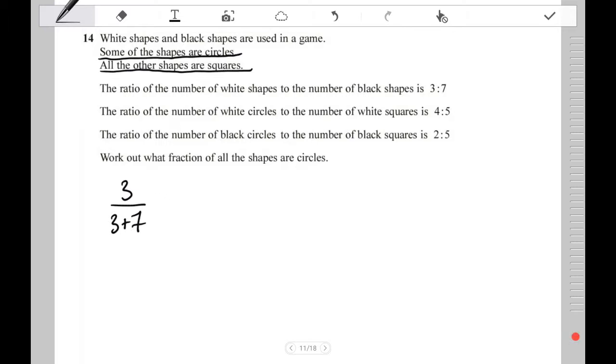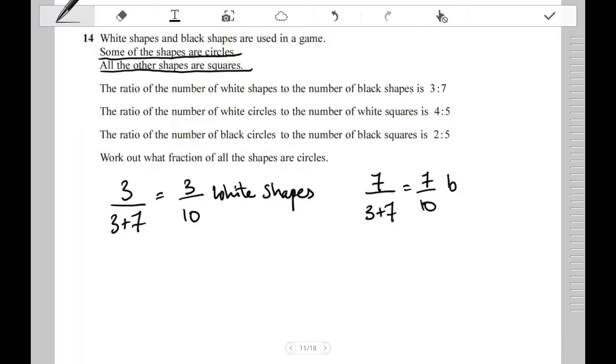So you add up the ratios, which is 3 over 10. And this is white shapes. We'll do the same with the black shapes. So 7 over 3 plus 7 equals 7 over 10. And this is the black shapes. So basically all we've done here is simplify this sentence into two fractions.